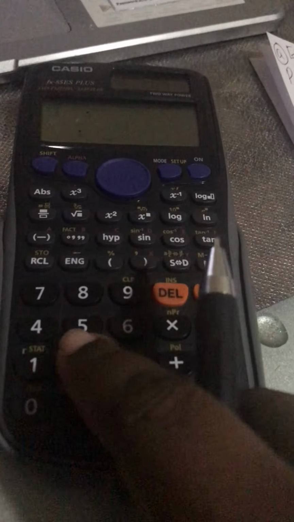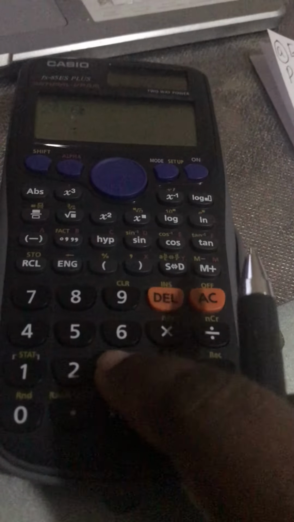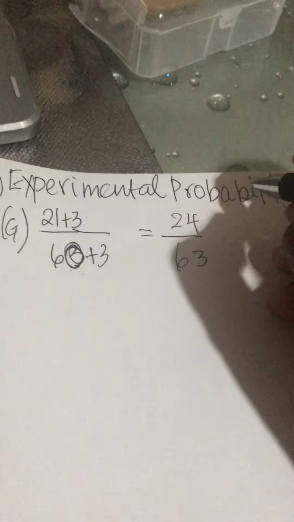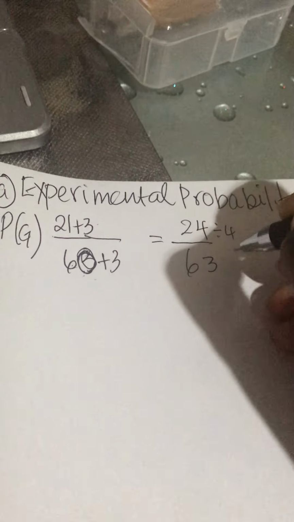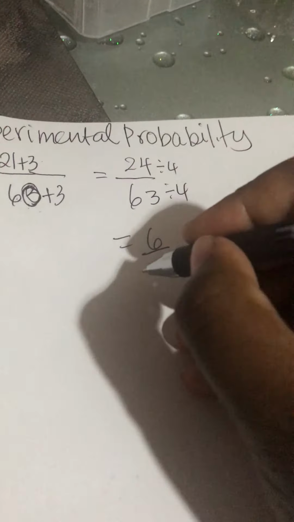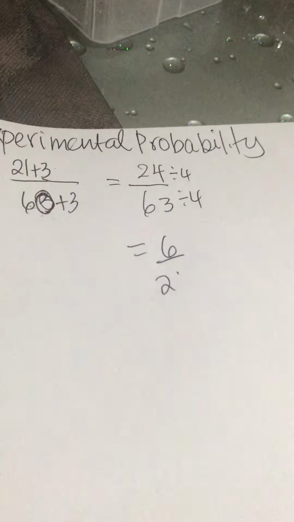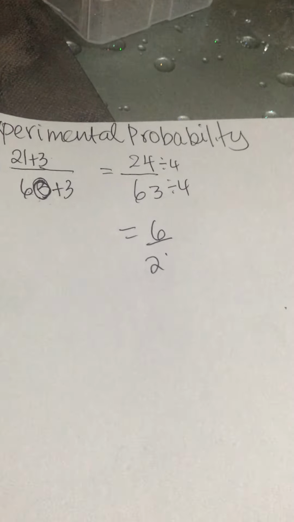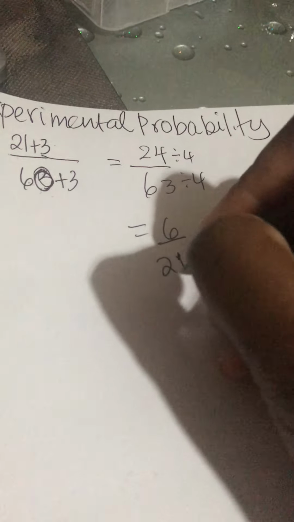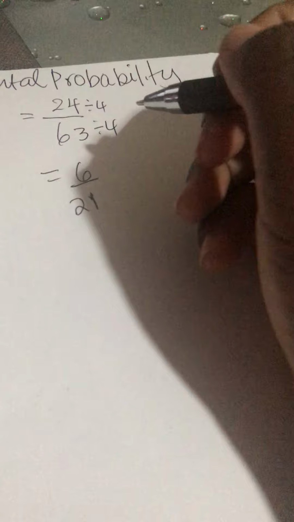So 24 divide 63. You get 6. So that means you can divide this by 4. You can divide that by 4. That gives you 6 over 21. Okay?